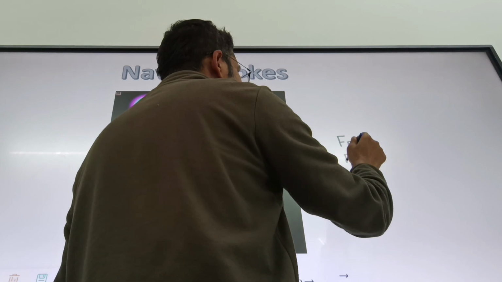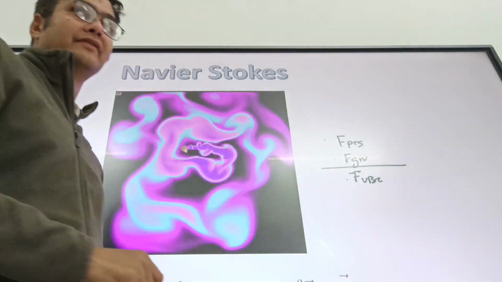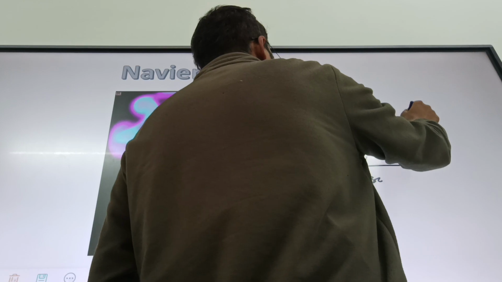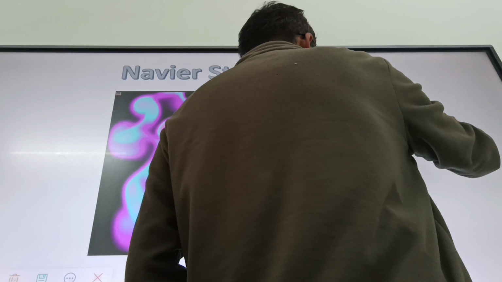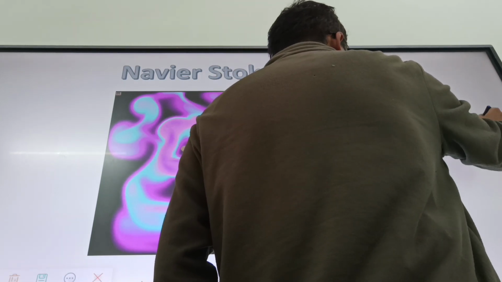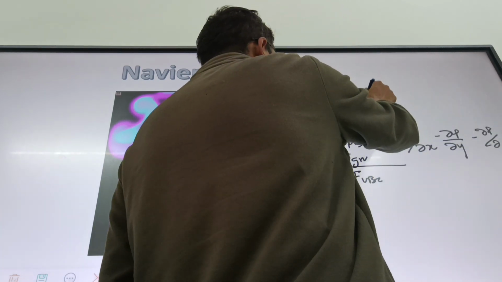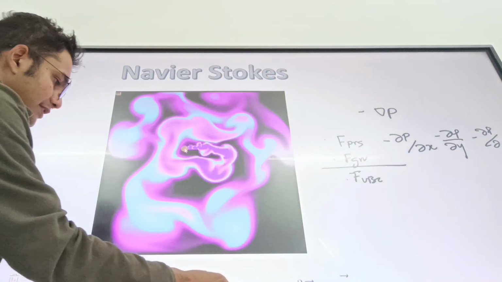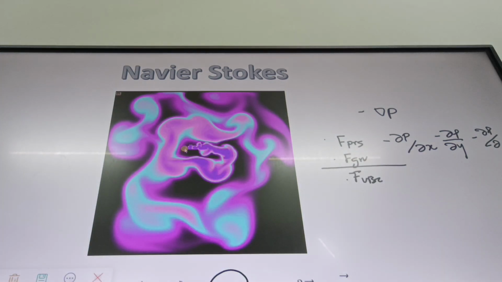What we finished in our previous class, we have said that the pressure force is nothing but minus dP by dx, minus dP by dy, minus dP by dz, which we can write together as minus del P, right?